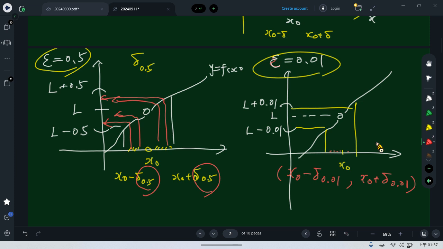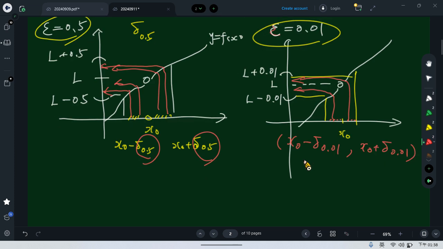All points here, when you use them as an input for the function, will still fall into this range. So even if you set epsilon to be very, very small.